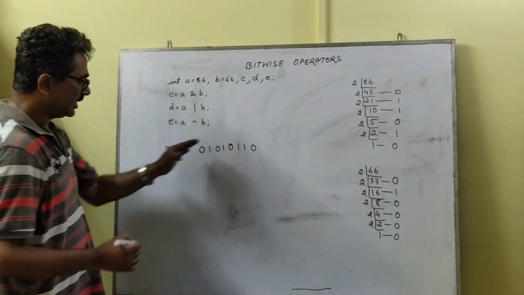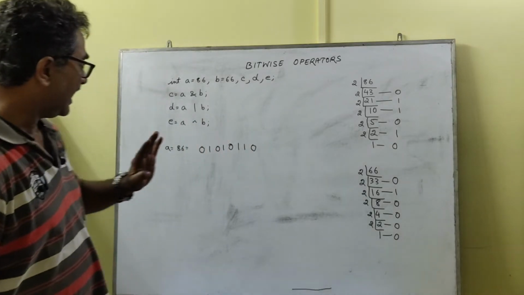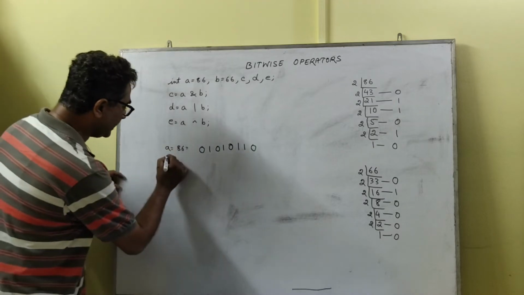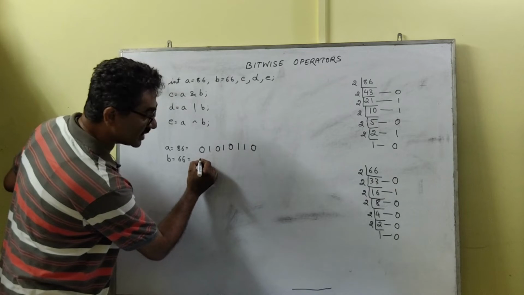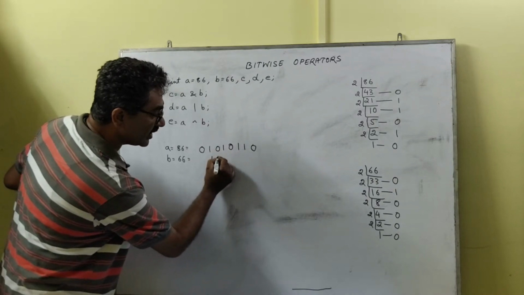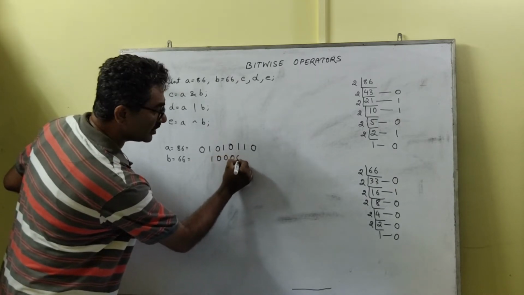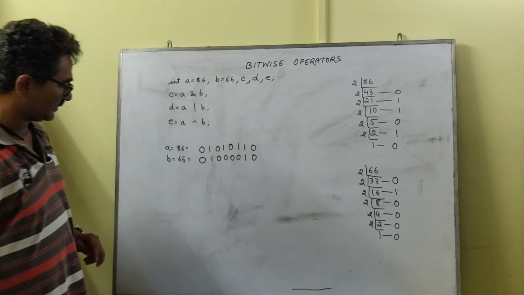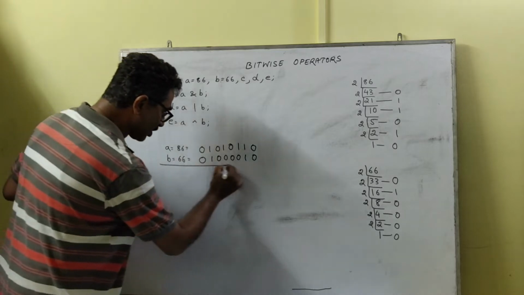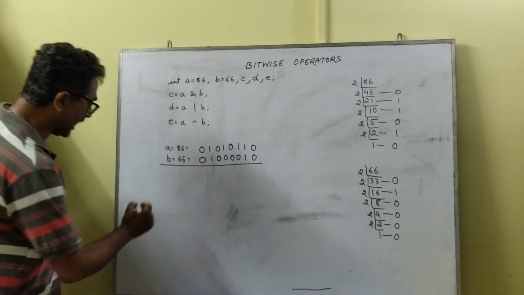We put a 0 representing the last 8 bits. Now we have B, which is initialized with 66, and the digits are 1, 4 zeros, 1 0. For simplicity, once again the last 8 bits. Now look at the first operation, C equal to A ampersand B.